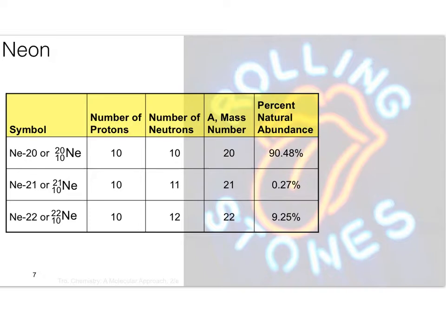And so to simply get our mass number, we add up our 2 massive subatomic particles, and we get our type of neon. So neon 20, neon 21, neon 22. And we, in all cases, have a percent natural abundance. So this is what people have determined on our planet, the ratios we have of these particular isotopes. So we seem to have most of neon 20 here, about 90%.